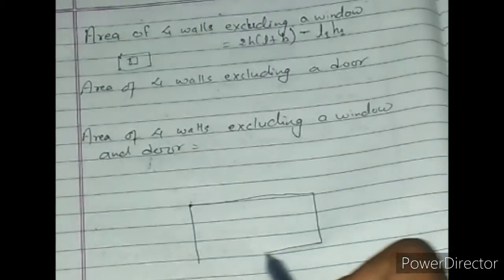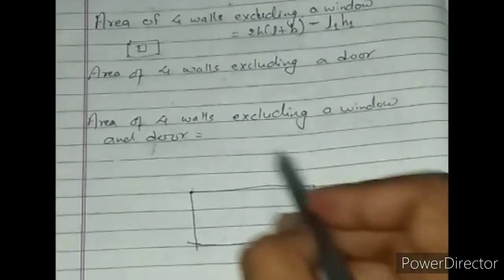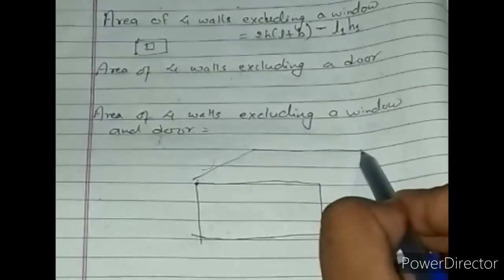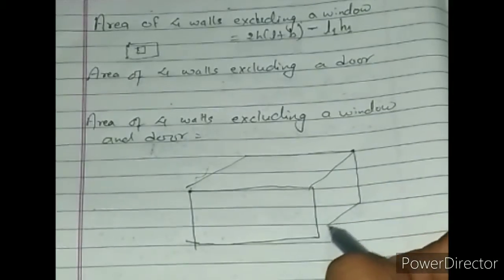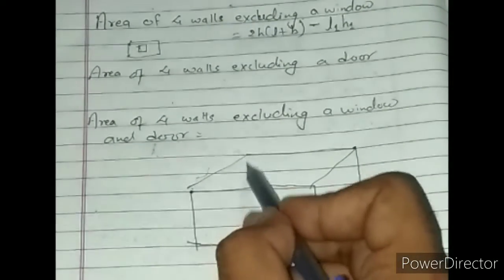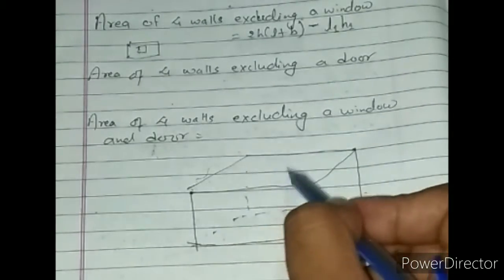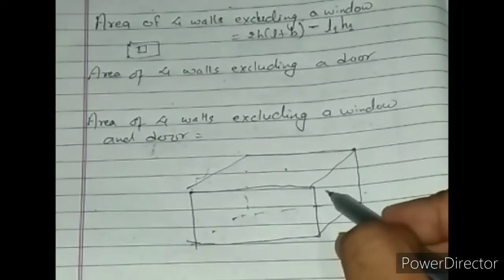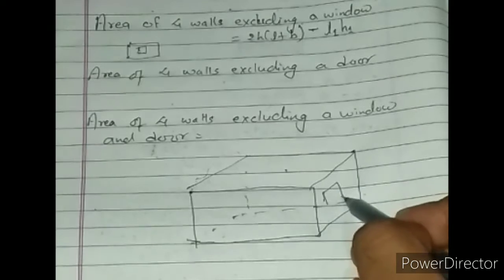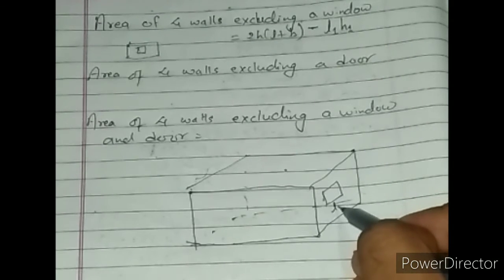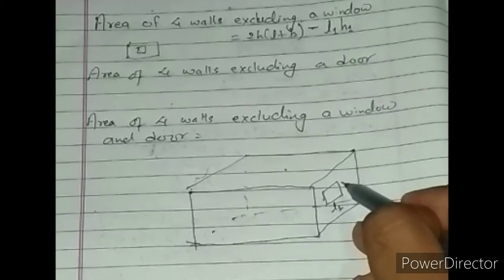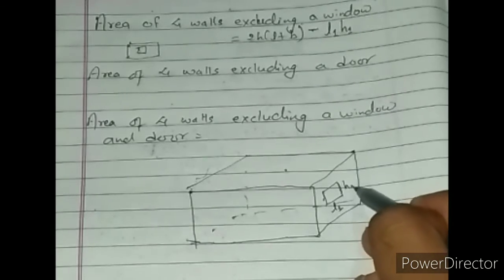Okay, suppose this is the room. Altogether four walls are there, 1, 2, 3, 4, backside. Now here a window is there whose length is L1 and height is H1.